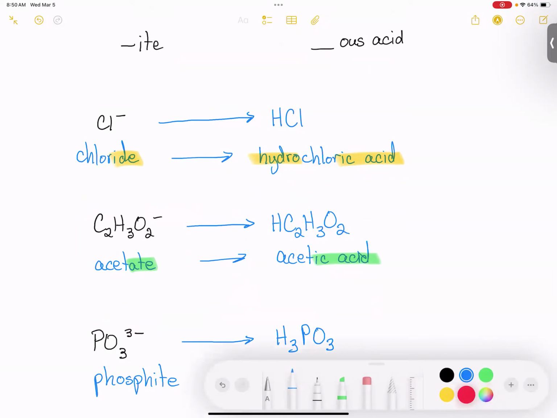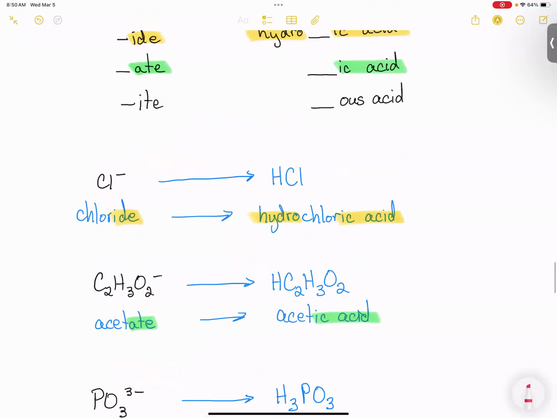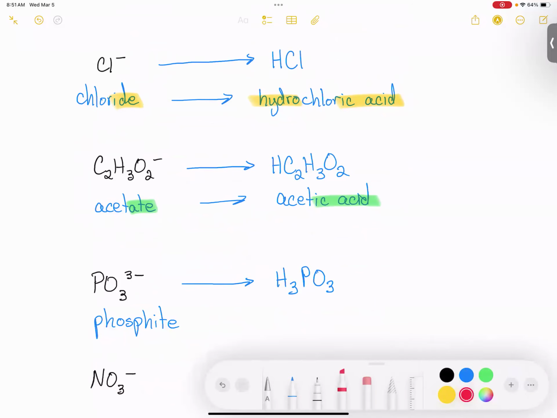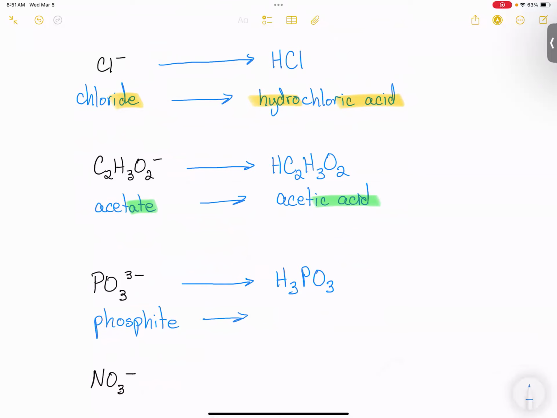Now, because the ending is ITE, the new acid is going to be the root of the anion followed by ous acid. So since the root of this ion was phosph, then this one is going to be called phosphorous acid.